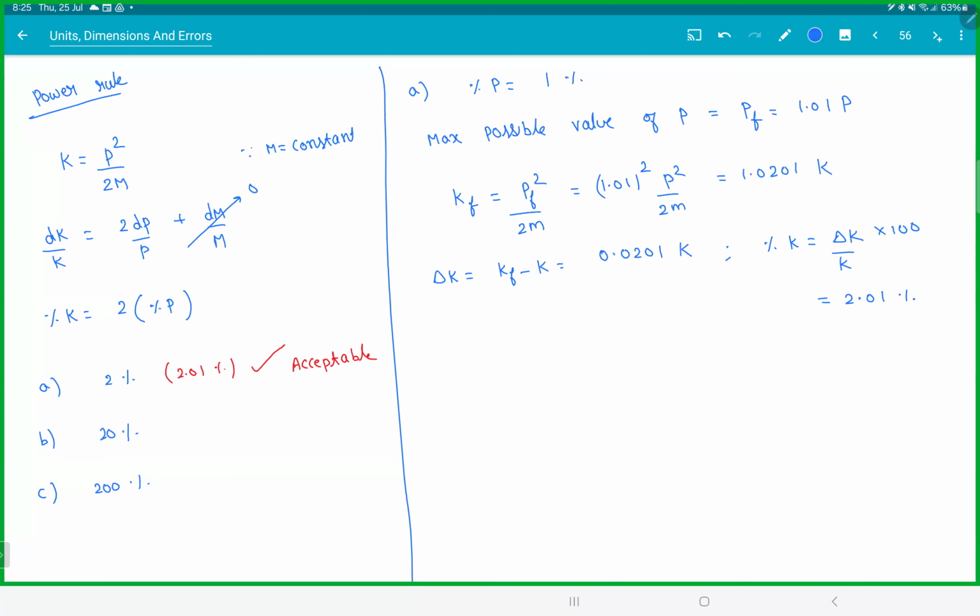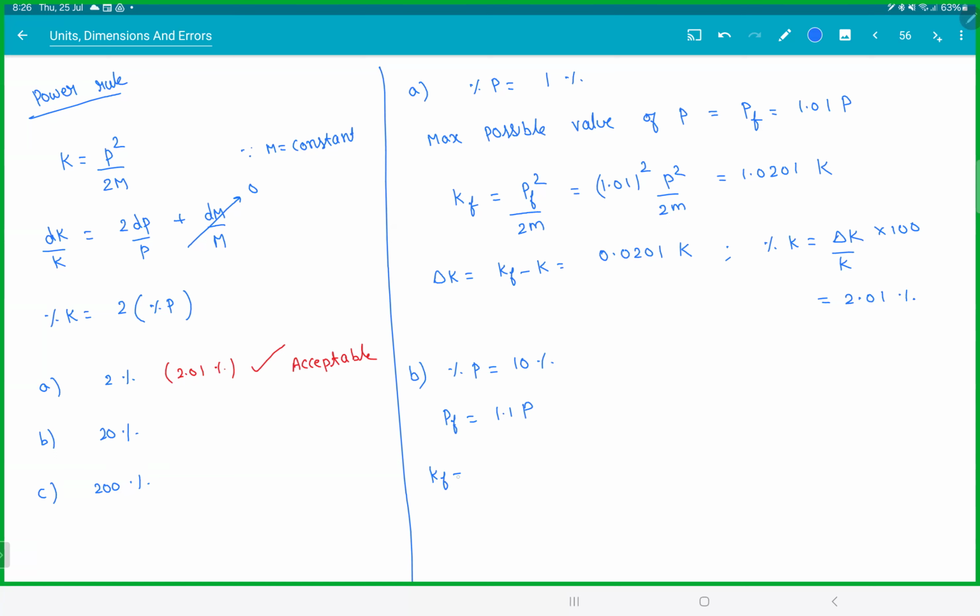But look at the second guy. When you say percent error in P is 10%, that means you're saying P final. Think like you have 100 rupees, you have 10% more. Means what? You have 1.1 P, right? Make sense?